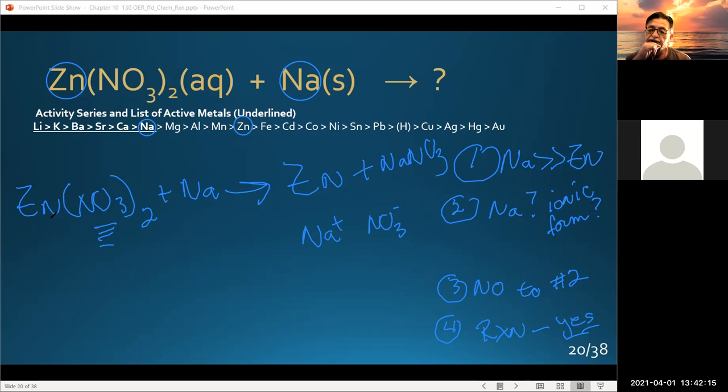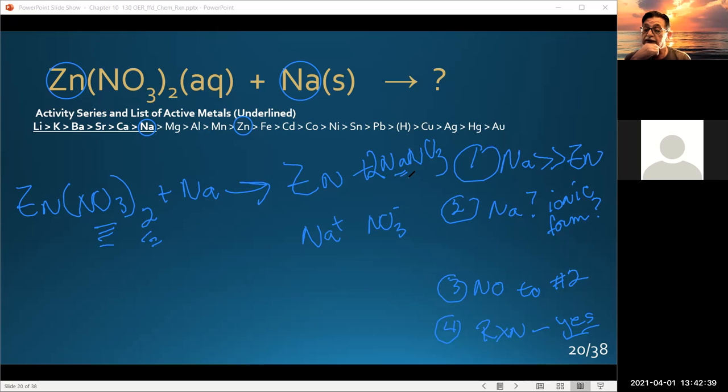Now we have to balance it. Our zinc is okay: one zinc here, one zinc there. Nitrates, remember, the polyatomic ions, don't separate them. Treat them as one unit, even when balancing. We had 2 nitrates, so if I put a 2 in front of sodium nitrate, that balances my nitrates.